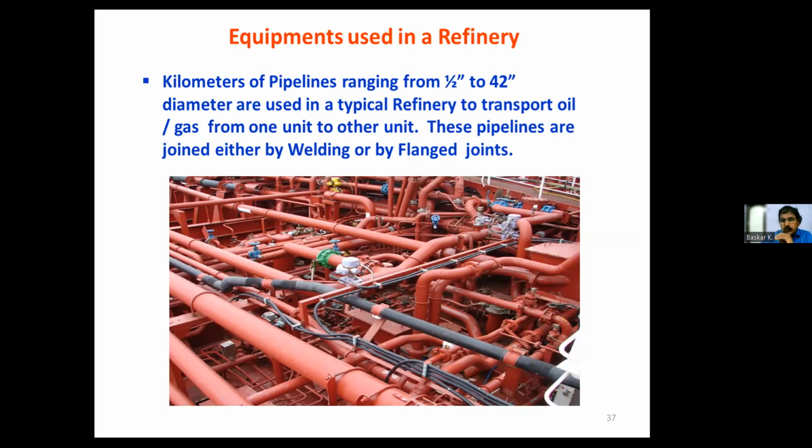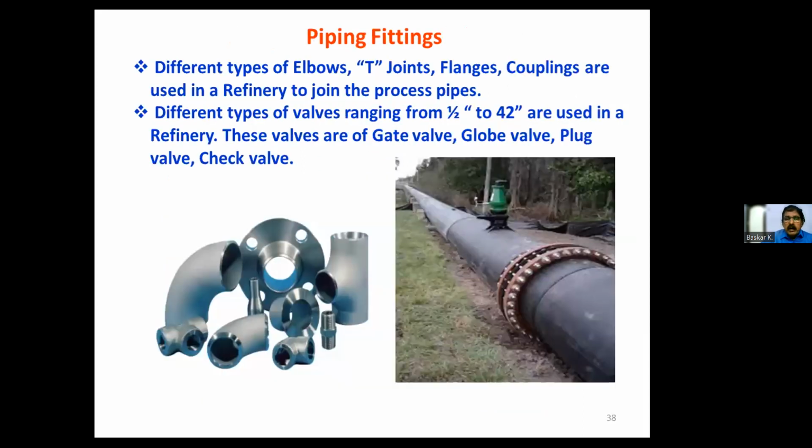Just for our information, for a typical 3.5 million ton refinery, we require around 450 kilometers of pipeline. So you can see the complexity of the pipelines, which are joined either by welding or flange joints, with different elbows and other fittings.